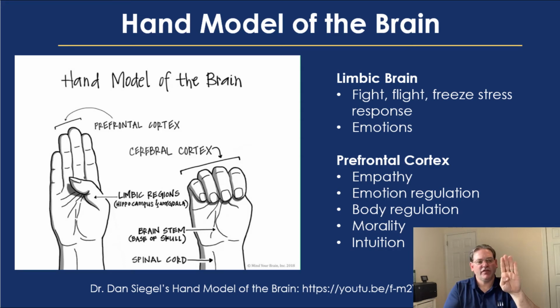And then we have the prefrontal cortex, or that thinking brain, okay? Most of the time, those two areas are connected. And so you have some ability to make quick decisions and be instinctual, but you're also calm and can think and make good decisions.